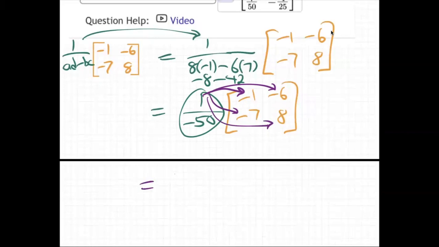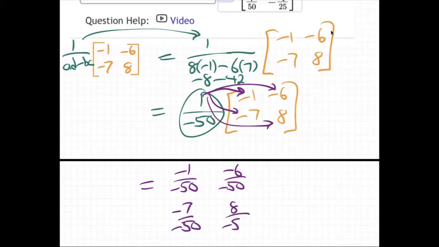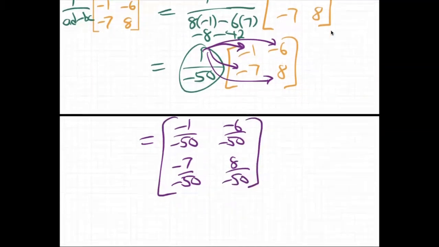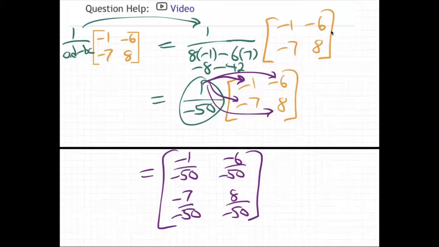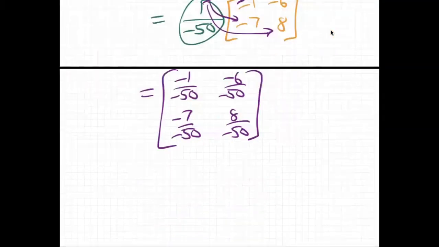So that'll equal -1 over -50, -6 over -50, -7 over -50, and 8 over -50. See how I multiplied them each by 1 over -50, which effectively divided them all by -50? Okay. And then just reduce that a little bit if you can. Let's get to a final answer here.